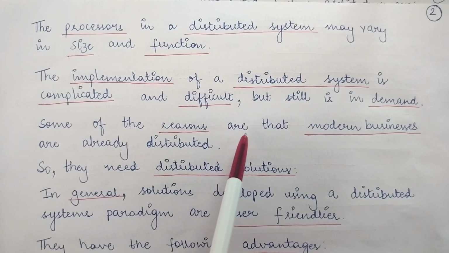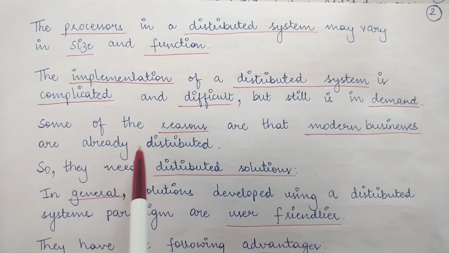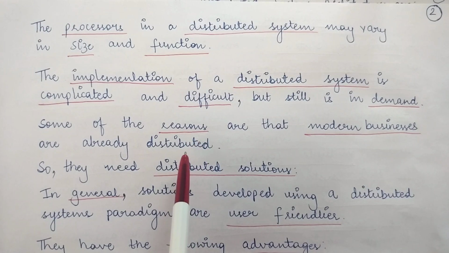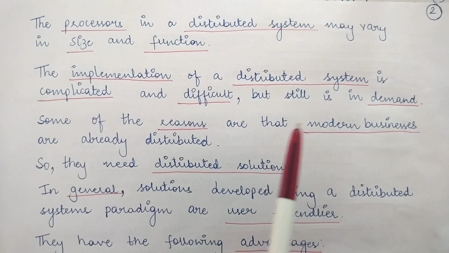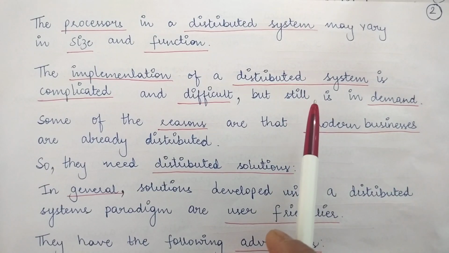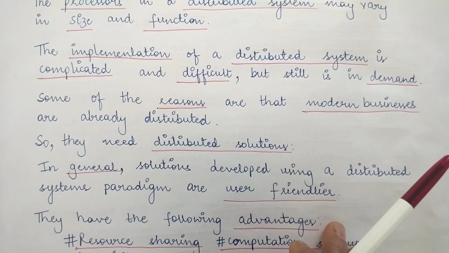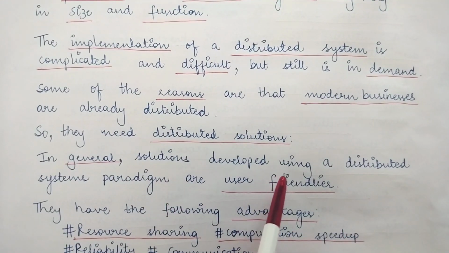Some of the reasons are that modern businesses are already distributed. So modern businesses work on the distributed system model, hence they demand distributed solutions. In general, solutions developed using a distributed system paradigm are user friendlier.